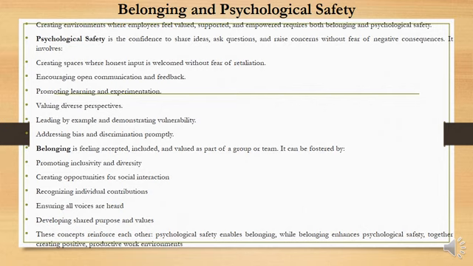These concepts reinforce each other. Psychological safety enables belonging, while belonging enhances psychological safety. Together, creating a positive, productive work environment. So the essence of belonging and psychological safety is to create a positive, productive work environment.